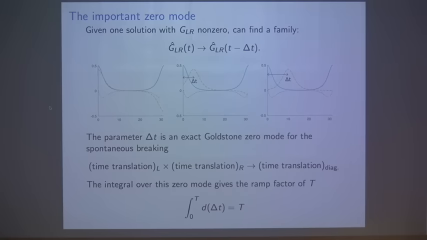And that breaks the independent time translation symmetries. So we get a zero mode, and the zero mode parameterizes an orbit of the broken symmetry generator. Anyhow, this zero mode is valued between 0 and capital T, because we're living on a circle, and the integral over it gives a factor of capital T. So this is the origin of the linear growth of the ramp region.